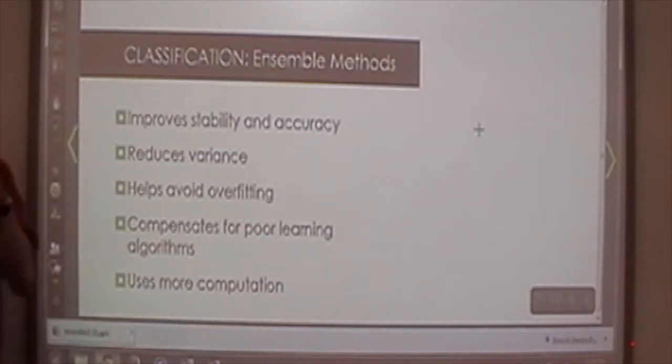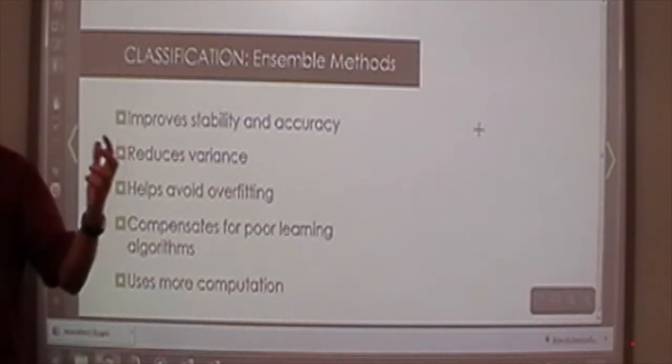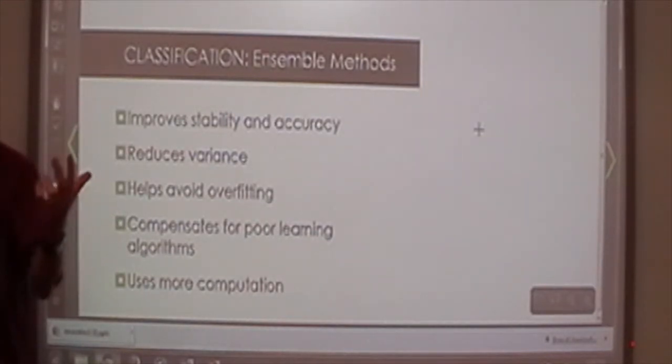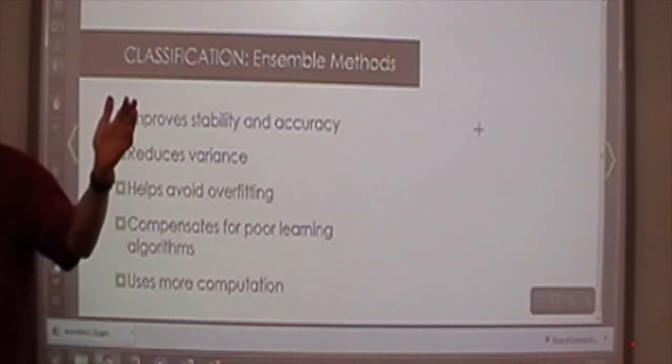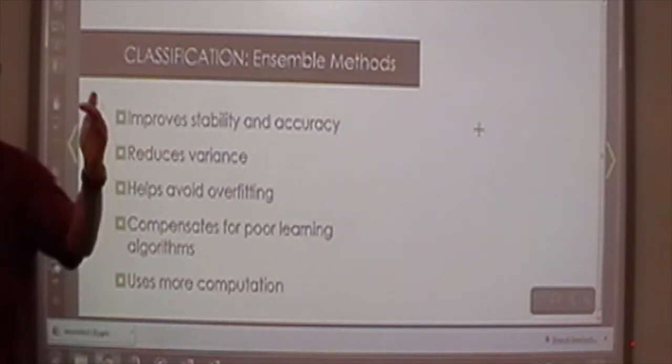Ensemble methods typically will reduce the variance that we have with a particular classifier. So by combining, if you think statistically, if you obtain an average, you tend to minimize that variance compared to individual outcomes. So if you look at averages of heights, they tend to vary less than individual heights.